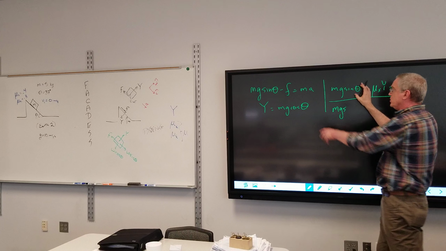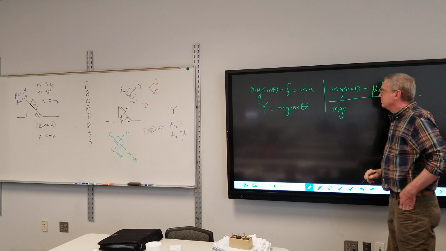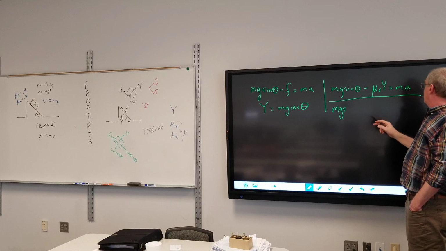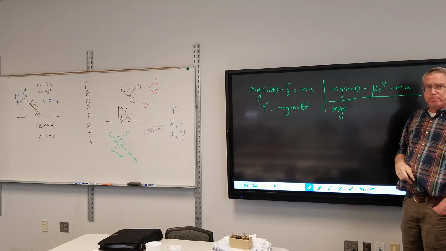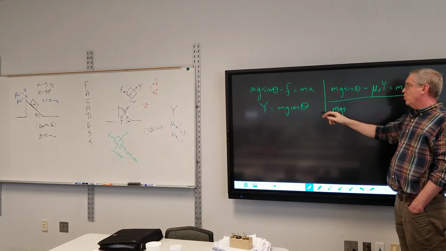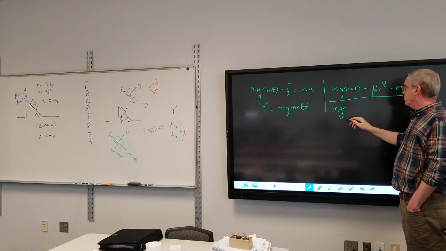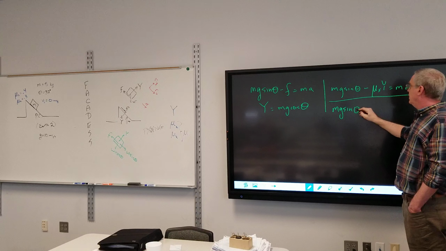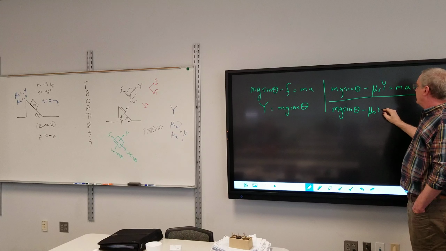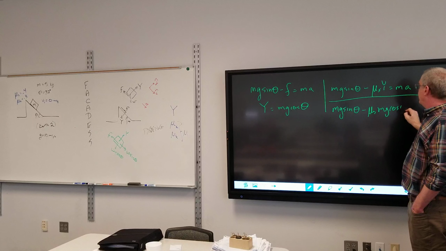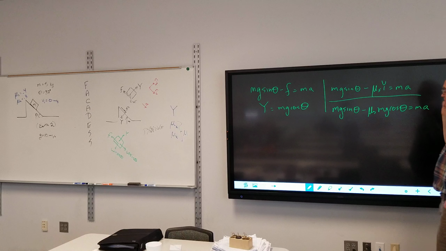I have these two equations. My unknowns are a and y. I'm going to take y from the second equation, plug it into the first equation, so I have mg sine theta minus mu s mg cosine theta equals ma.